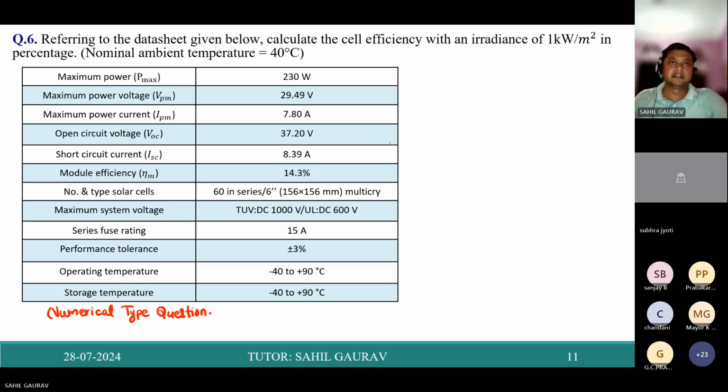So we know that the efficiency expression is the output power of the solar PV cell upon the input power, and the maximum output power that solar PV can deliver is VMP into IMP upon the input power, which will be this.